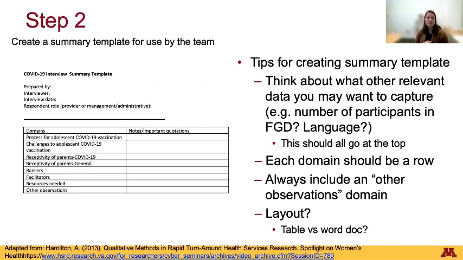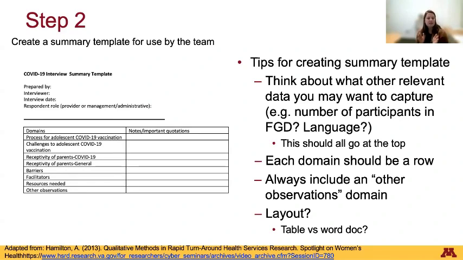I have also seen people do this as an outline almost, where each main bullet will be one of the domains, and then you'll have as sub-bullets to those domains your notes or important quotations. I'd say this is really a personal preference. Again, I like doing the table. I think it's a little bit cleaner, but you might, as you work with your team, figure out different ways to do this. So this is an example of how I create the table.